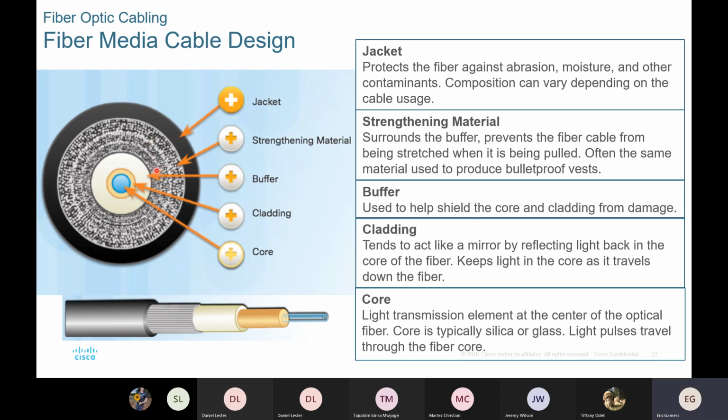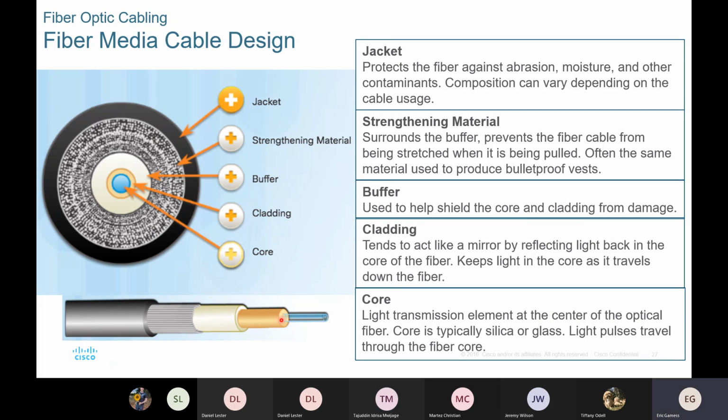So look at this fiber optic cable that was cut. Totally in the center, you have the core. The light will travel inside this core. Around the core, you have the cladding. The cladding acts as a mirror.